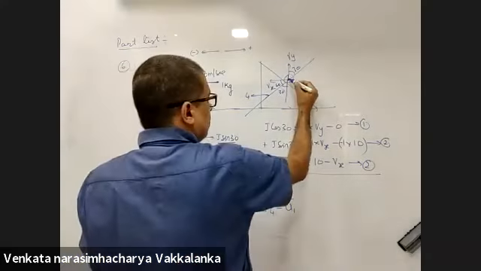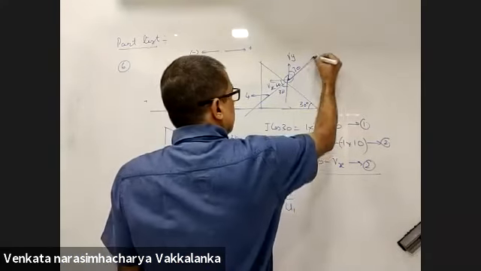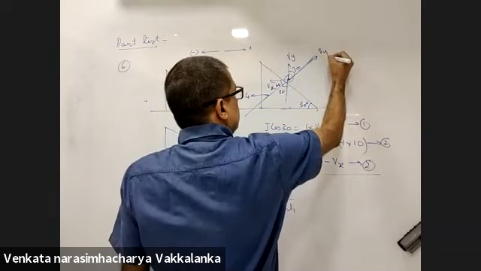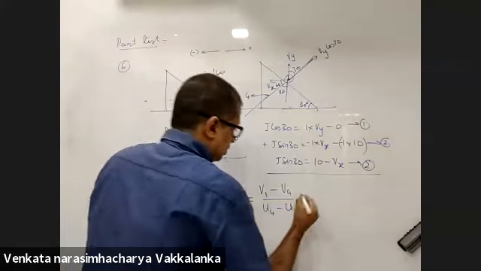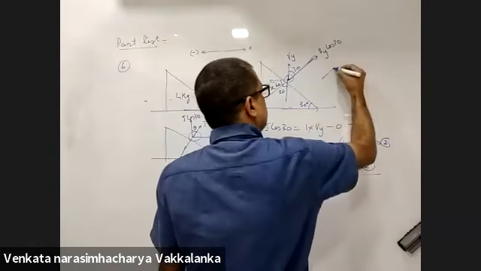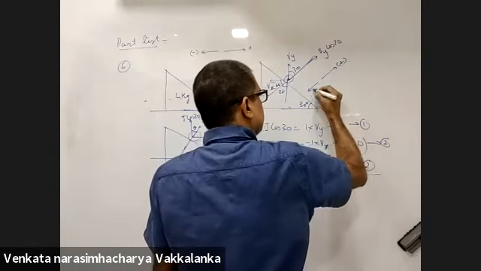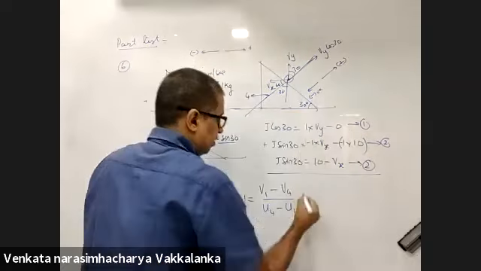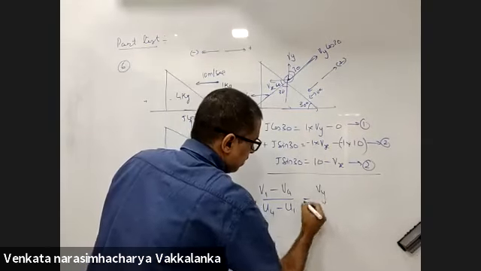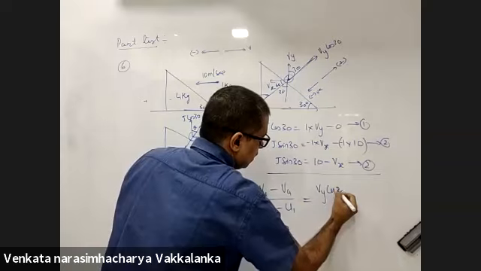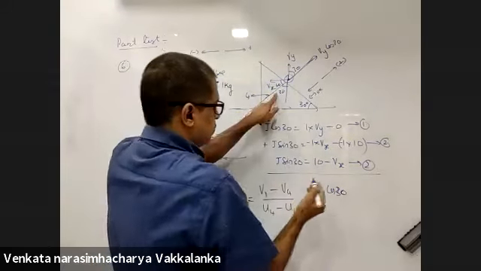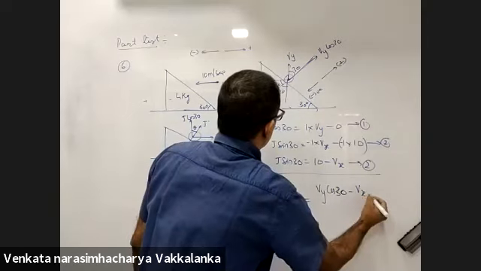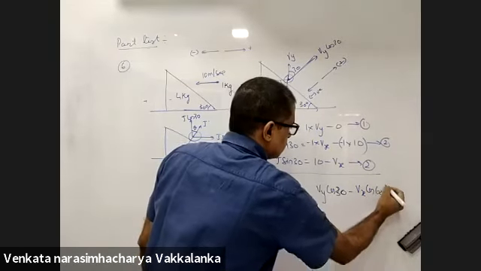Now, velocity of the 1 kg mass along this, have a look at this. This will be Vy cos 30 minus Vx cos 60. I'll take everything in this direction positive, in this direction negative. This will be Vy cos 30 minus Vx cos 60.